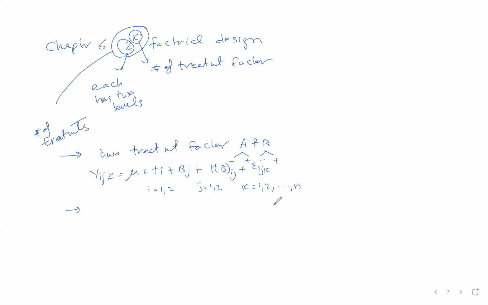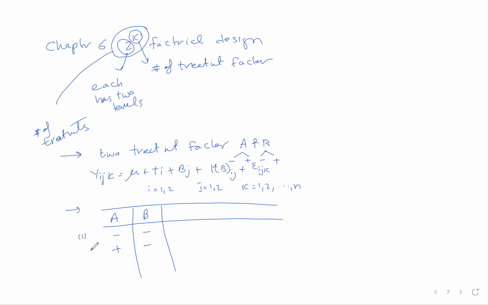Let's assume you have 2 treatment factors, each has only 2 levels. So we have a column for A. A has 2 levels only, and B has only 2 levels. So the treatments are the combinations. So this one is -1, -1. This is the first combination, the first treatment, and we call it 1. The second combination, the second treatment, is +1, -1.